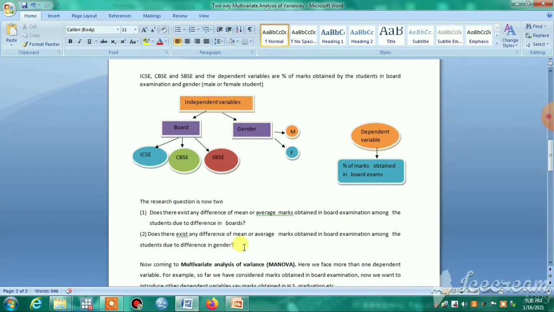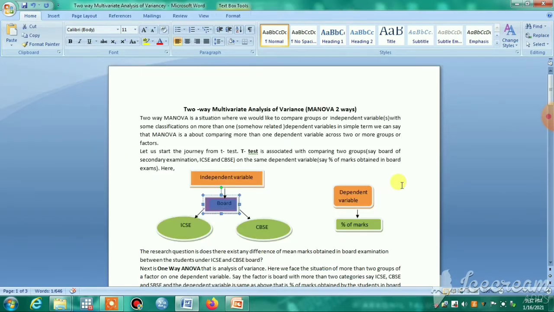So this is two-way ANOVA, because we are considering two factors, two independent variables, with three criteria for the first factor and two criteria for the second.